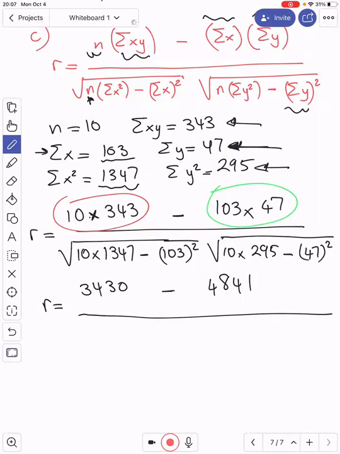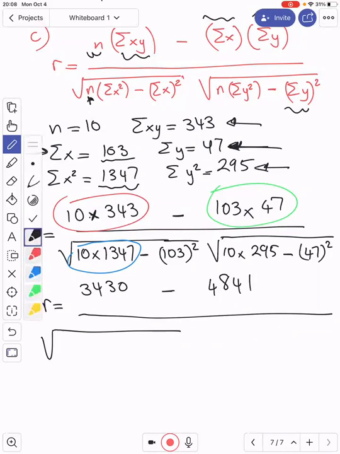I think you need to be careful with the denominator, guys. In the denominator, we have the first square root. First, we have 10 times 1,347, which is 13,470.